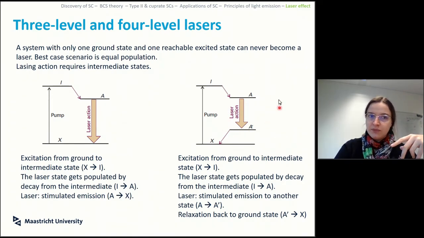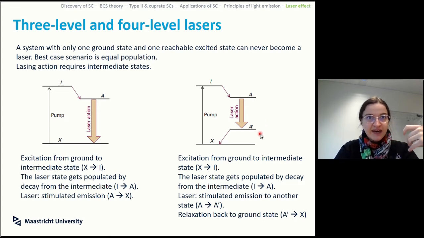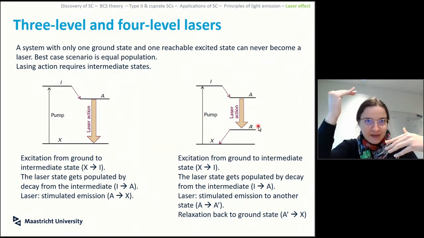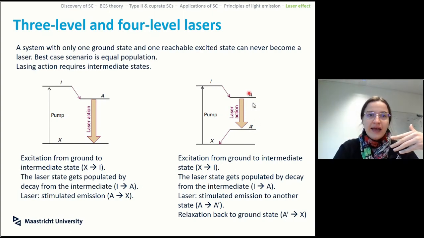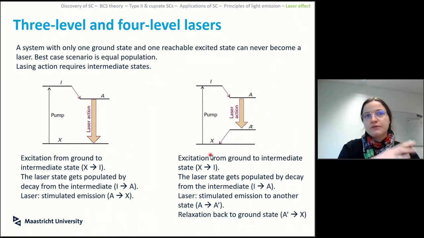Now, achieving population inversion when you have something like A and A prime is inherently easier, because A prime is empty. So a population inversion between A and A prime is huge, because anything that is up there is not down there. And the lasing emission will be incredibly strong when it collapses down to this A1. And then from A1, we'll just relax back non-radiatively into the ground state. So this is what you want.